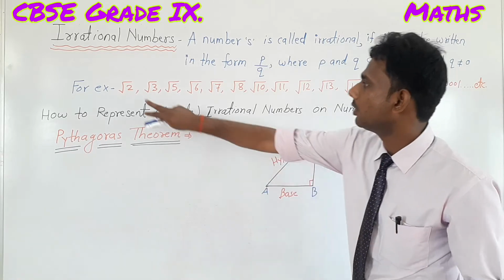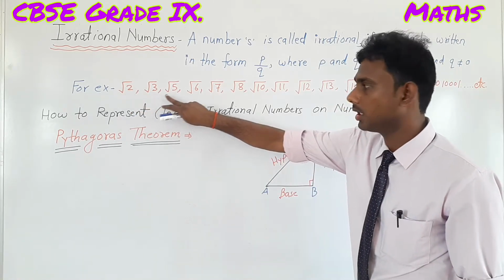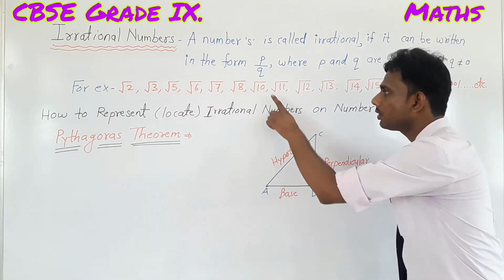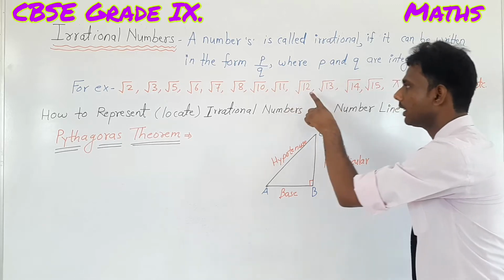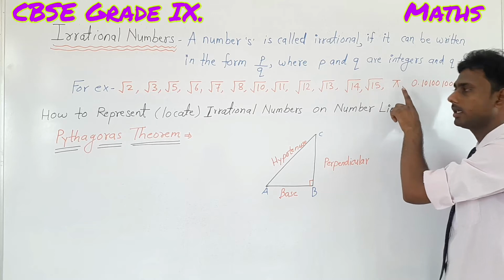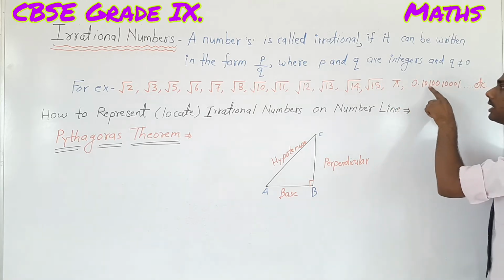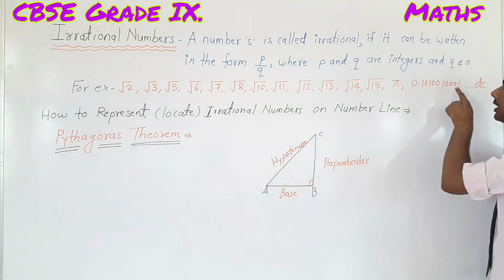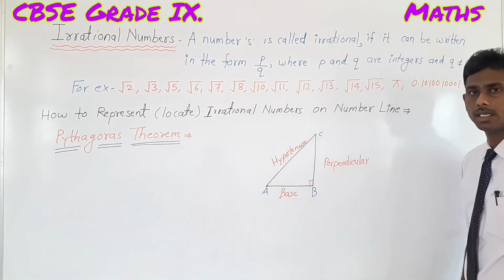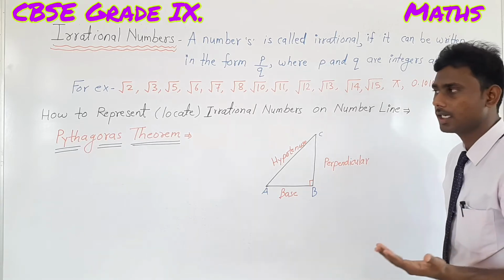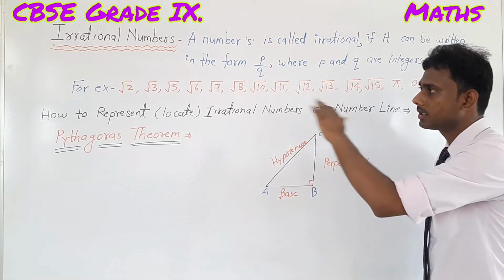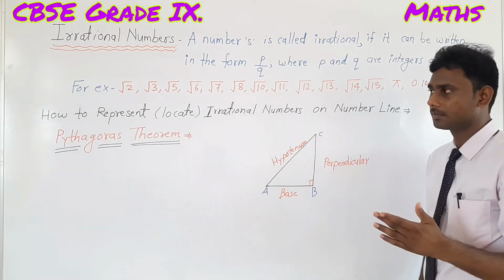For example, root 2, root 3, root 5, root 6, root 7, root 8, root 10, root 11, root 12, root 13, root 14, root 15, etc. These are examples of irrational numbers. So today we are going to represent such numbers on the number line.